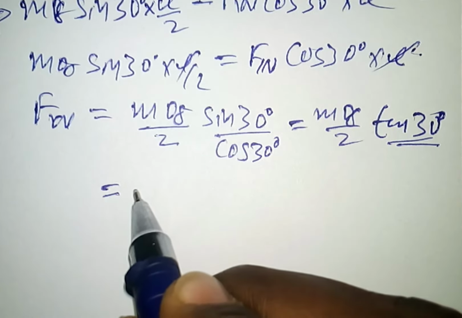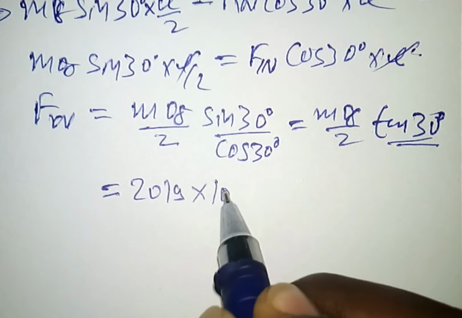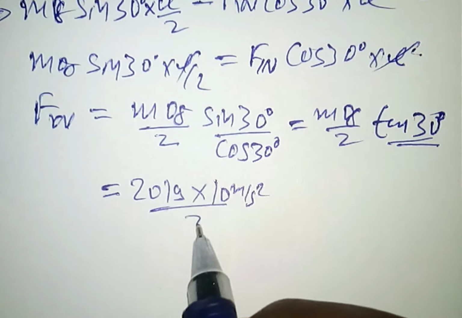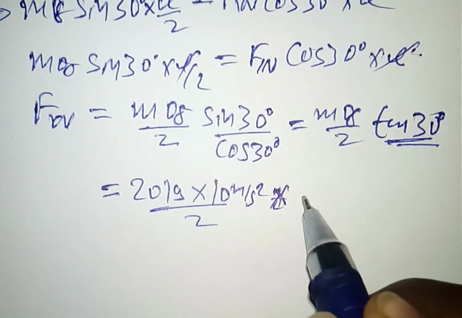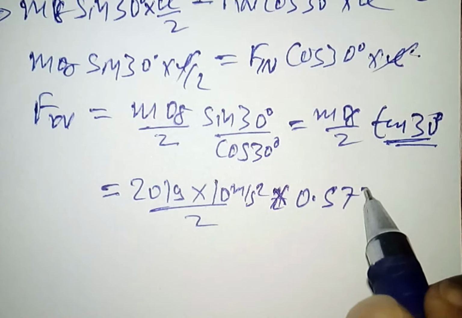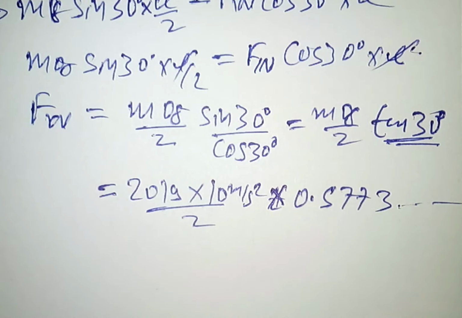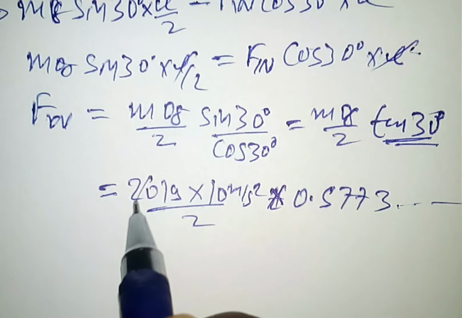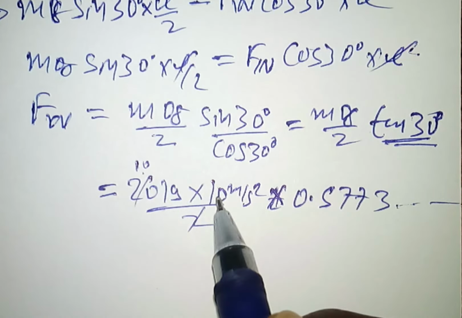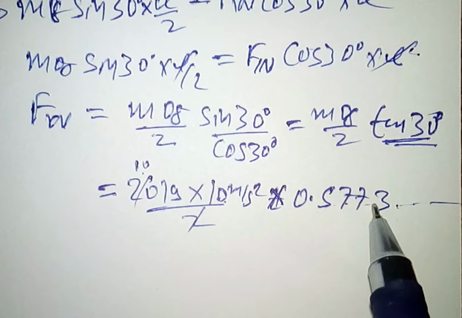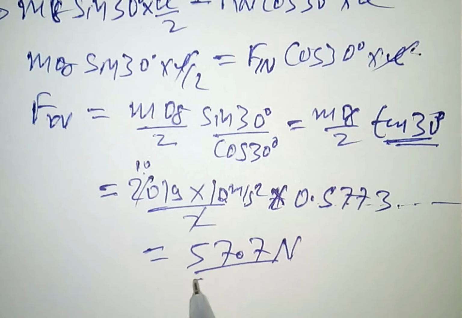If we substitute the values, the mass of the ladder is 20 kilograms, times g is 10 meters per second squared, divided by 2, times tan of 30 degrees, which is 0.5773 and it continues, so we can round it off. Then 20 by 2 is 10, 10 times 10 is 100, times 0.573 is equal to 57.7 Newton force.